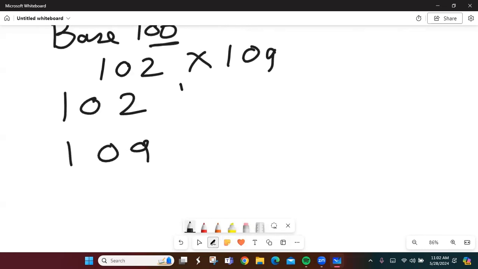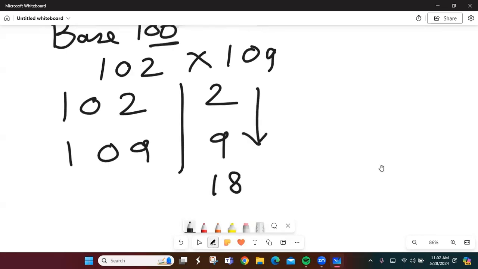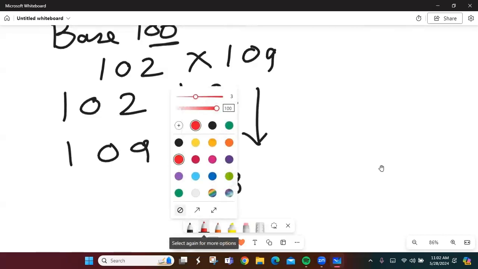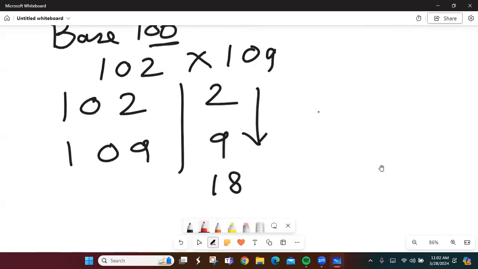Now since the base is 100, 102 is 2 more than 100 and 109 is 9 more than 100. So on the second column on the right hand side, write 2 and 9, take the product. 2 nines are 18. And then as you can see here, 109 plus 2 is 111, and even 102 plus 9 is 111. So write 111 here.